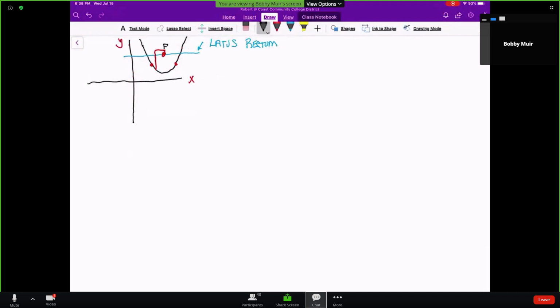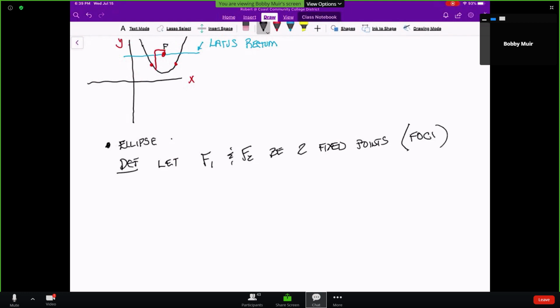All right, well, the next conic section that we want to look at is the ellipse. Okay, now the definition of an ellipse is, let F1 and F2 be two fixed points. They are called the foci, or the focuses.